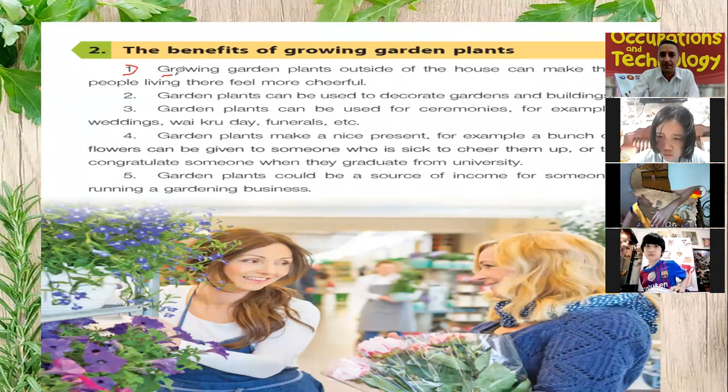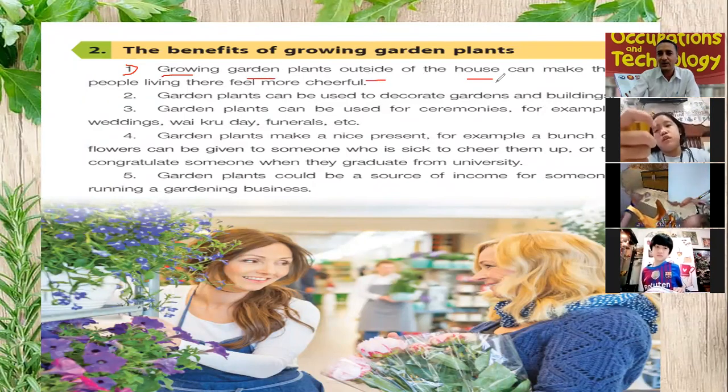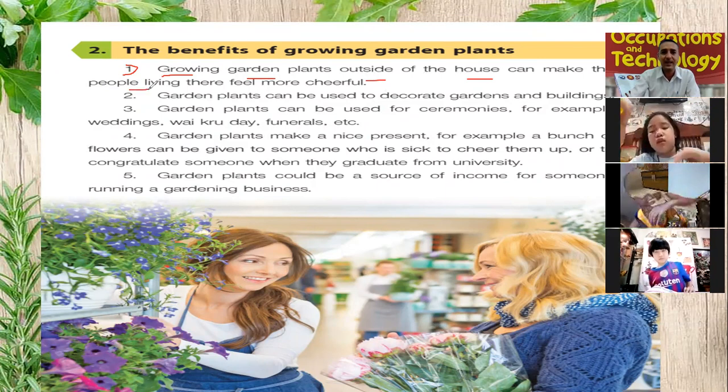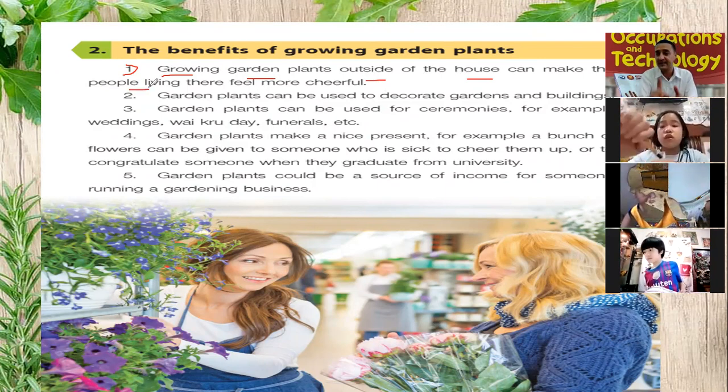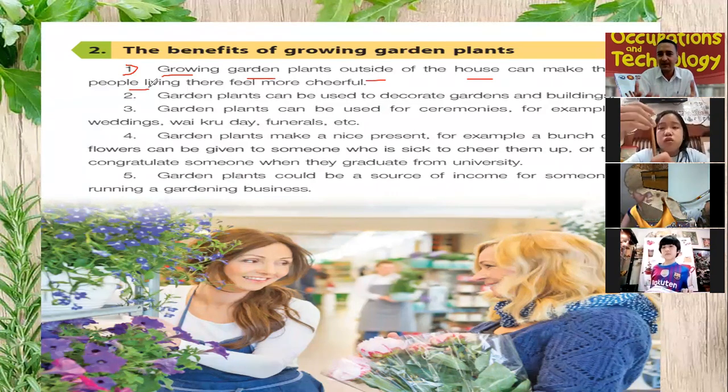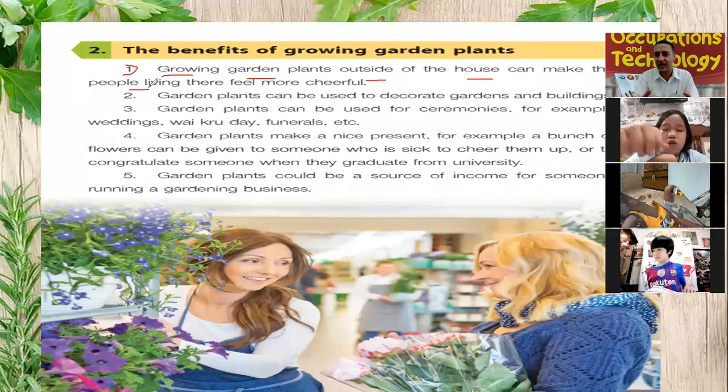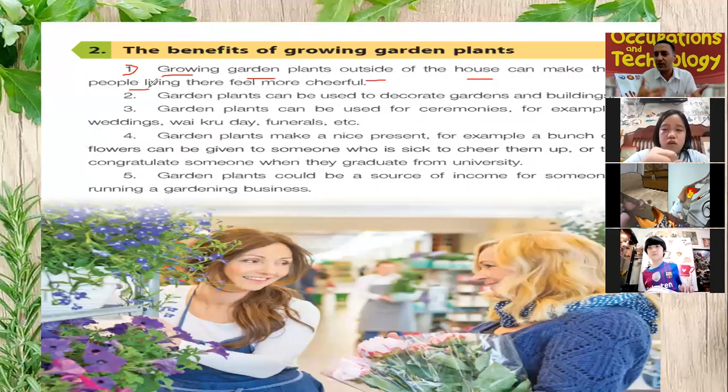Number one, growing garden plants outside of the house can make the people living there feel more cheerful. This is one benefit. If we have garden plants in our house, the people living there will feel more cheerful, more refreshed.